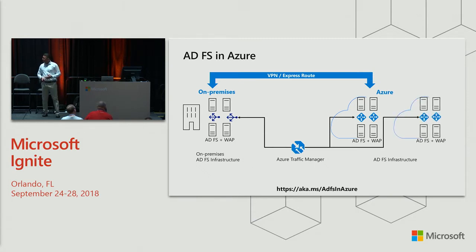In fact, the guidance that we have on aka.ms/ADFS in Azure has a template that you can use to get started. And in this scenario, the user is going to be pretty happy because whenever they want to access a resource, they will be redirected to the Azure Traffic Manager endpoint, and it takes the decision where to route it based on the profile settings that you have configured.